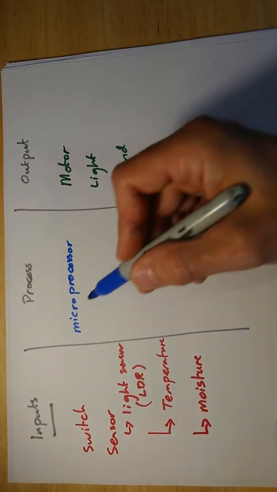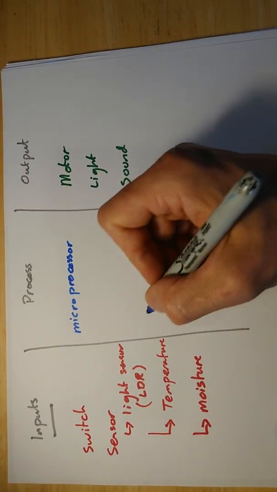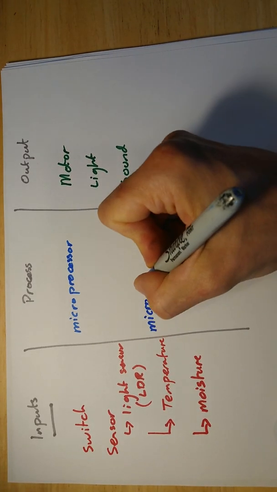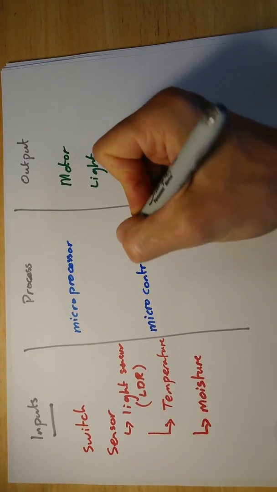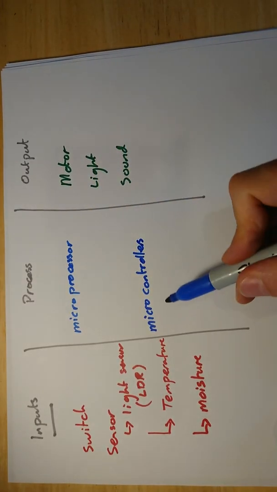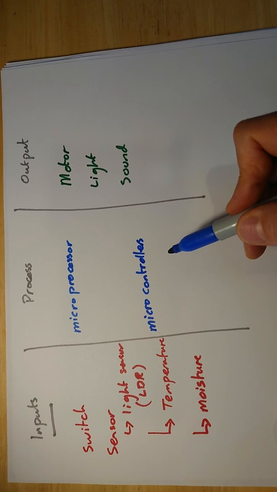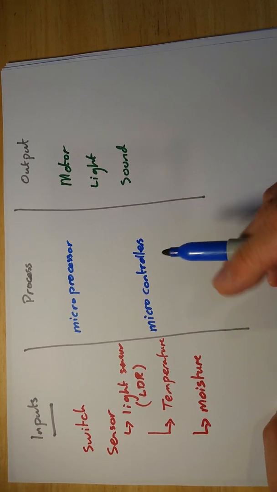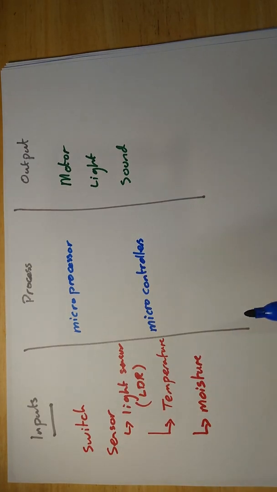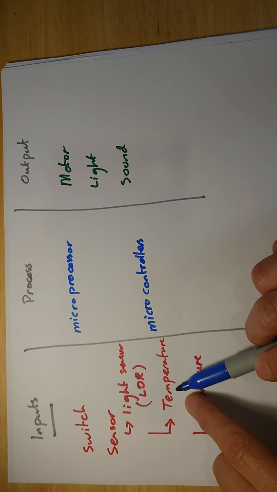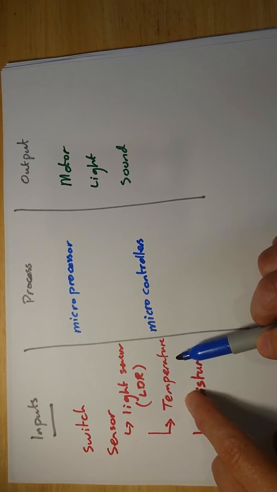But it's not just microprocessors in here. There's another one as well: microcontrollers. A microcontroller is slightly different because we can program it. Imagine your house has a thermostat, which measures what temperature it is.